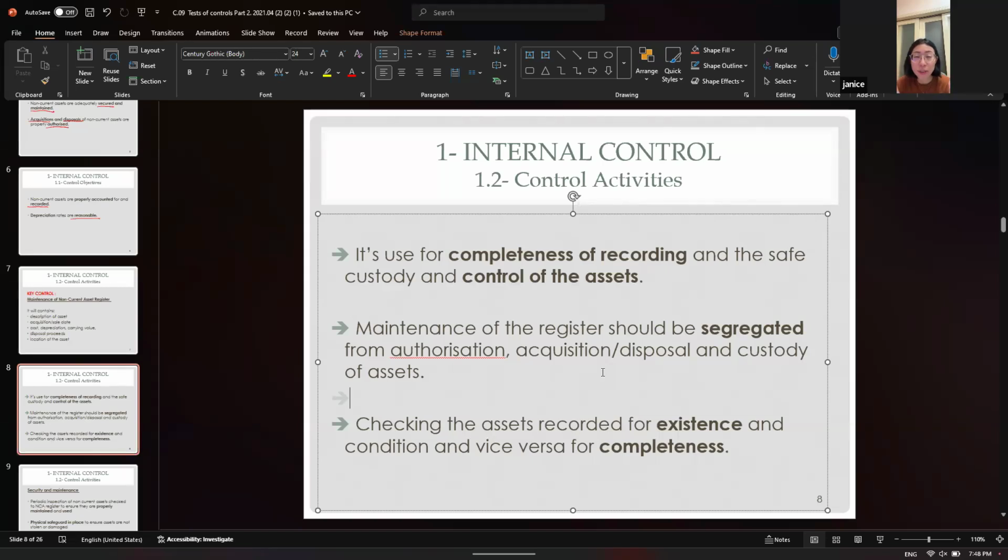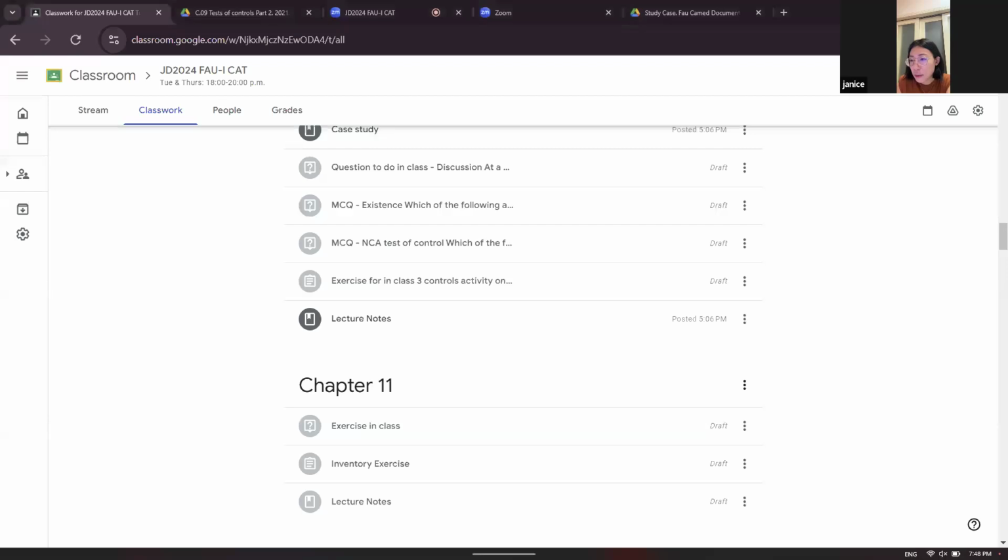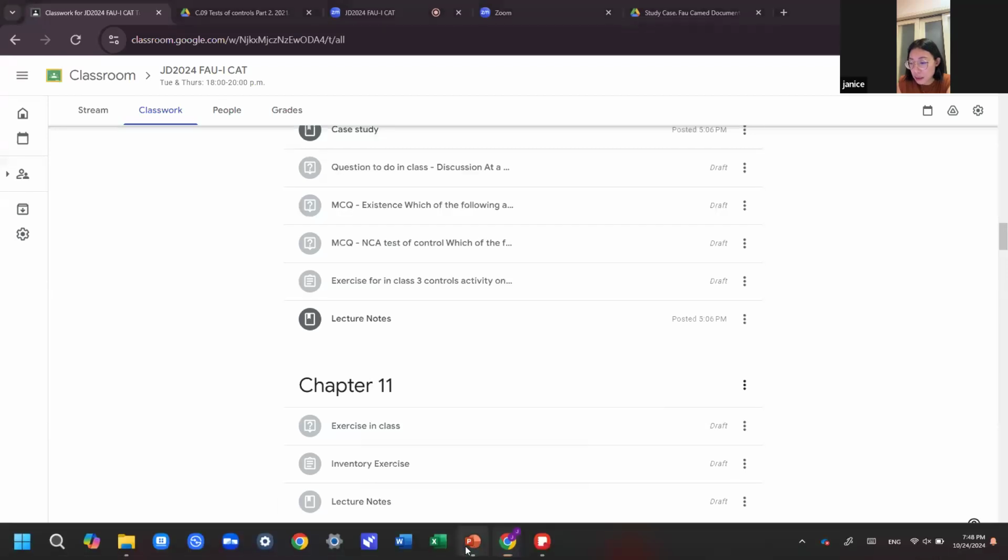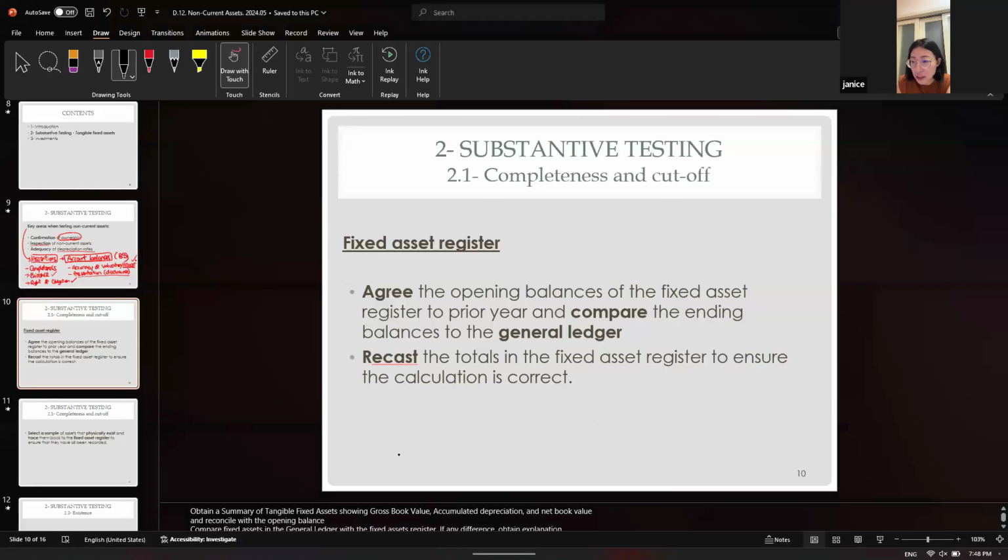So this list will help you to keep track of them. And very important, this document is very useful to check for existence and for completeness, okay? So how do we check for existence and for completeness? This is what we're going to be focusing on here, okay?